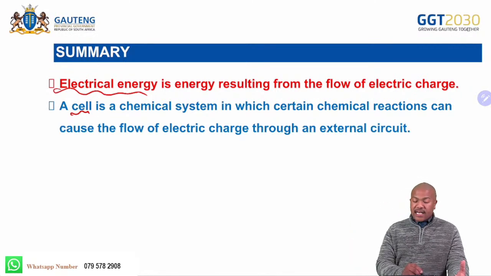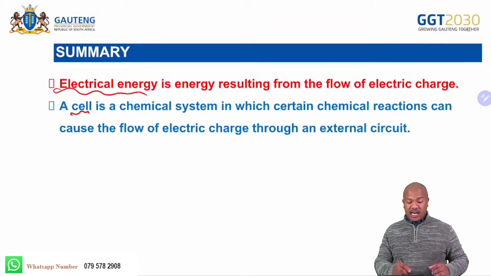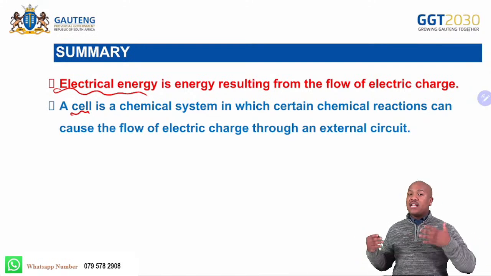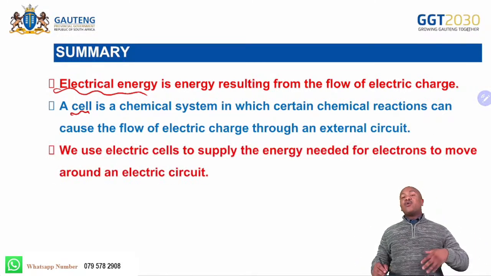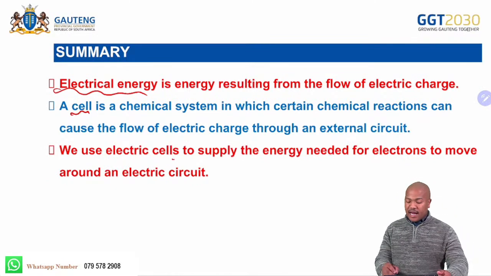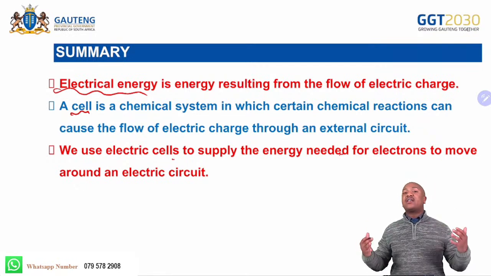A cell is a chemical system in which certain chemical reactions can cause the flow of electrical charge through an external circuit. We said that we use electric cells to supply the energy needed for electrons to move around an electric circuit.